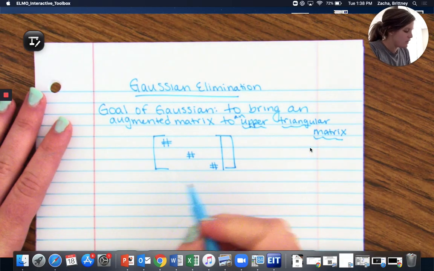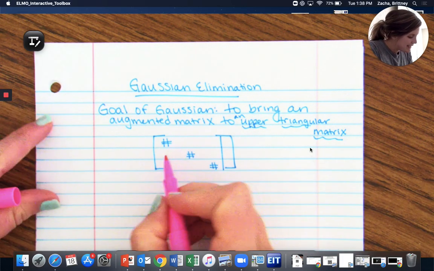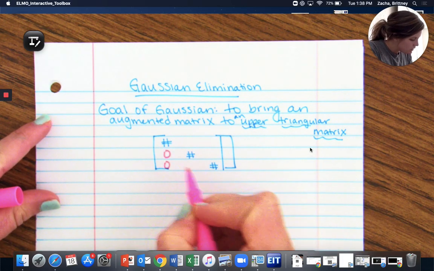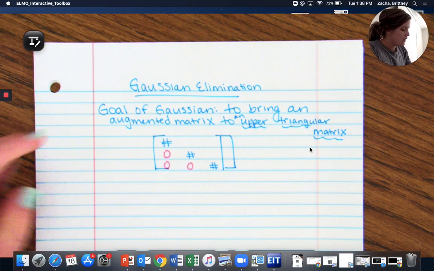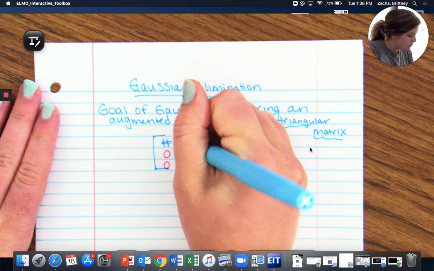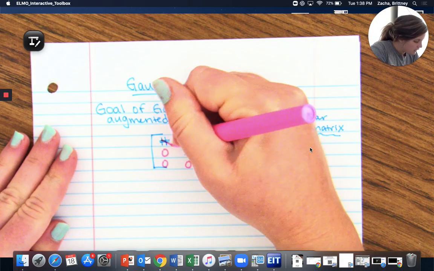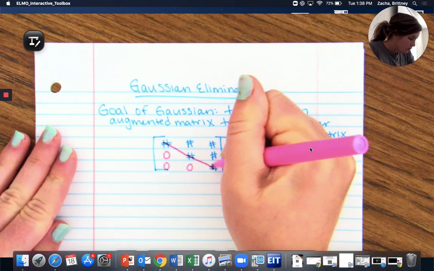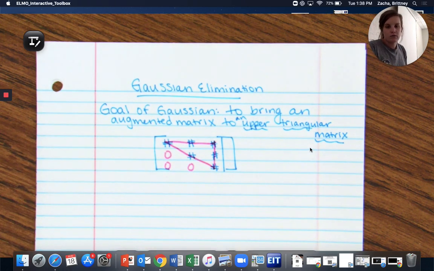On this left side, three numbers in a line like this, in which beneath those constants in these three positions are zeros. And then the rest of these are all constants as well. The reason it's called an upper triangular is because along this diagonal, this upper corner makes that triangle. So hopefully that's a way to remember it.